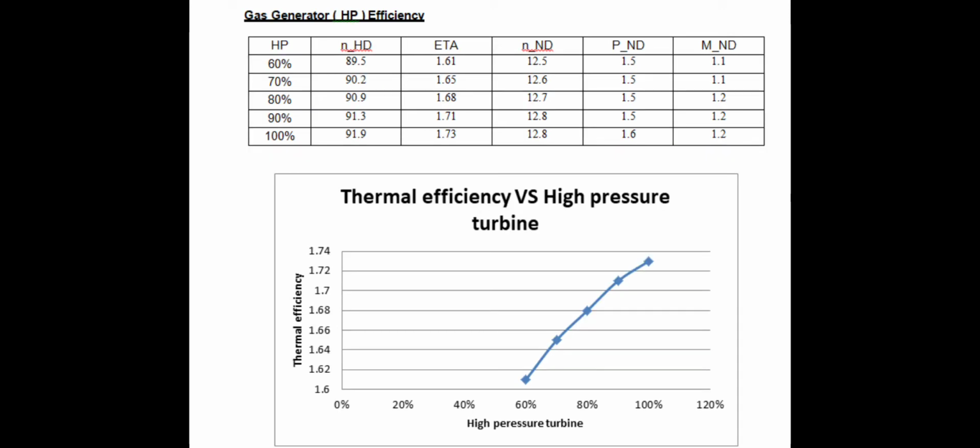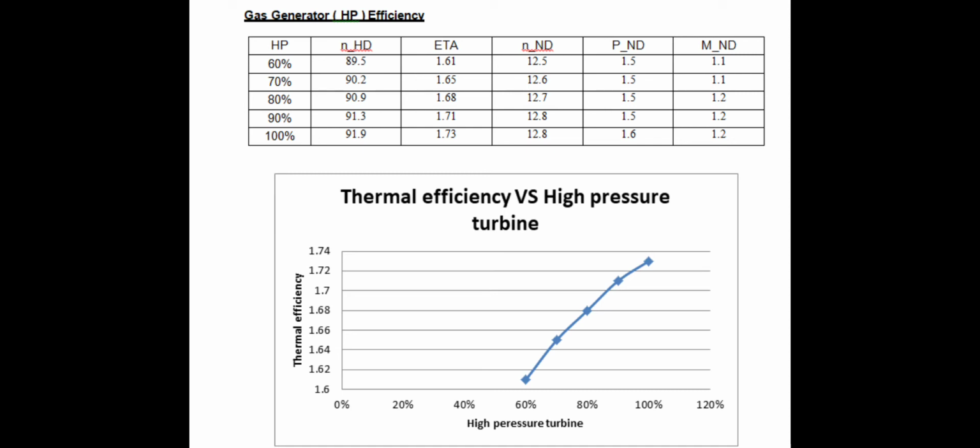Graph 3 shows that the relationship between the thermal efficiency and gas generator high pressure efficiency is directly proportional. As plotted in the graph above, the gas generator efficiency starts at 60% with a thermal efficiency of 1.61%.